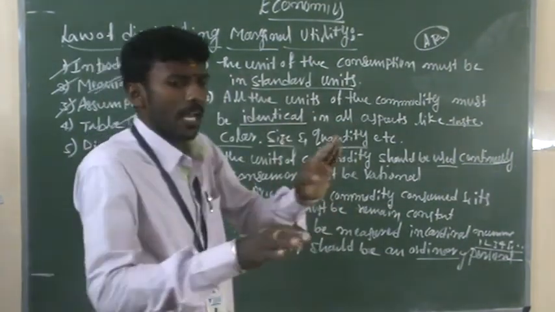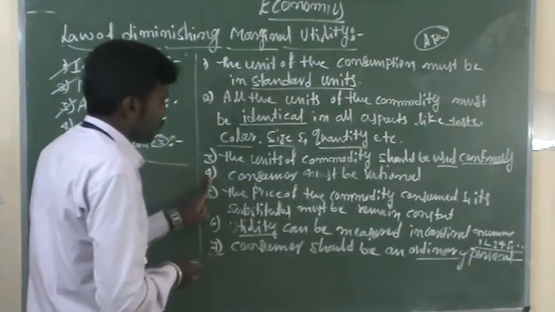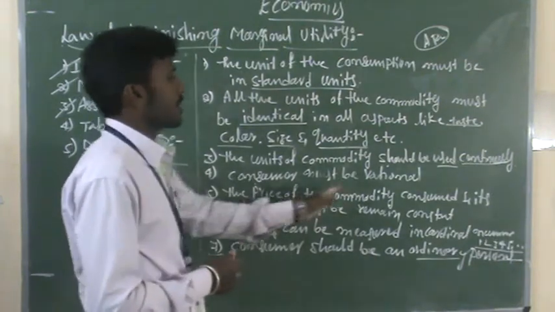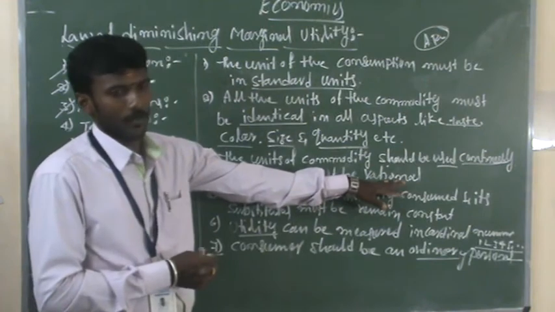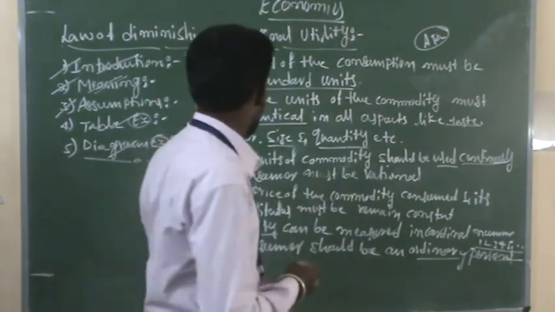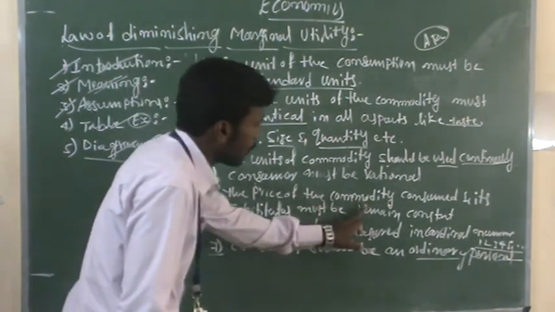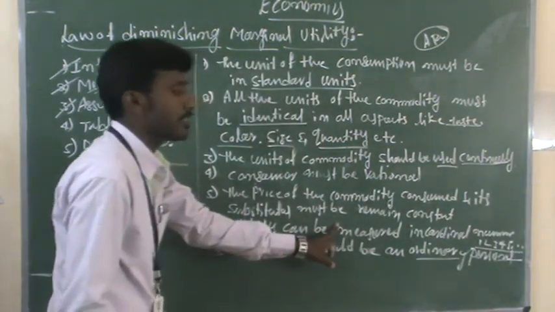Here there is no time gap regarding the goods and commodities. Then comes the fourth one: the consumer must be rational. Here the consumer must be rational, meaning thoughtful and intelligent, not an irrational person. Then finally the fifth one is that the price of the commodity consumed and its substitute must remain constant.